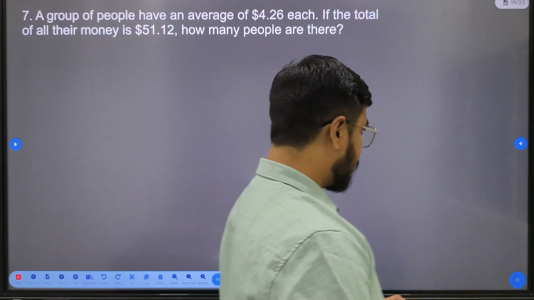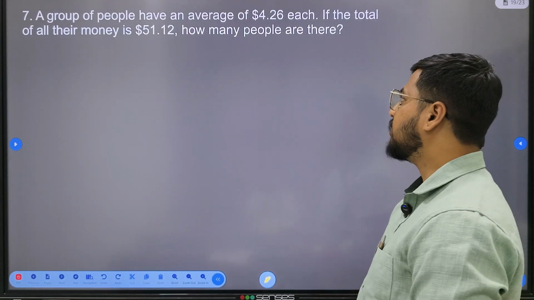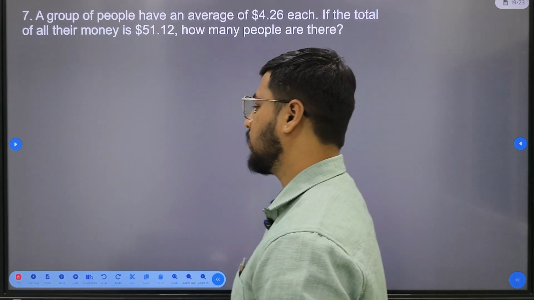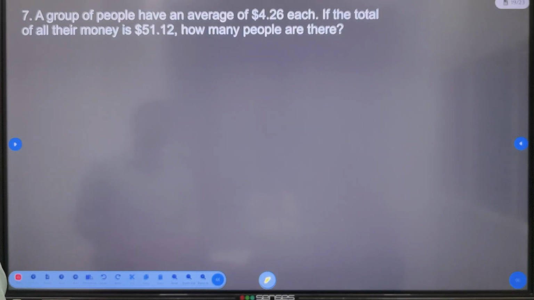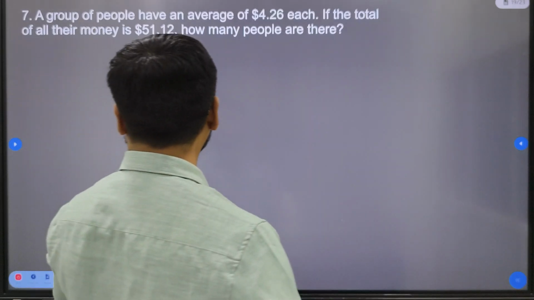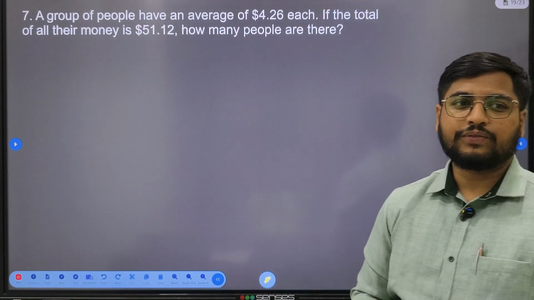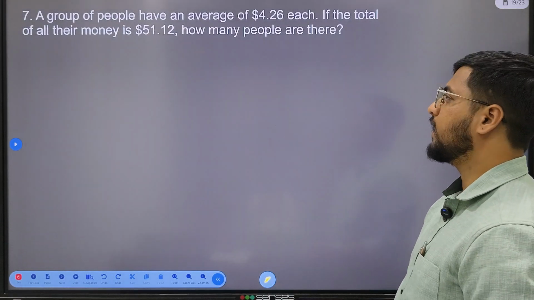Question number 7. A group of people have an average of $4.26 each. How many people are there? We don't know that. If the total of all their money is $51.12, how many people are there?